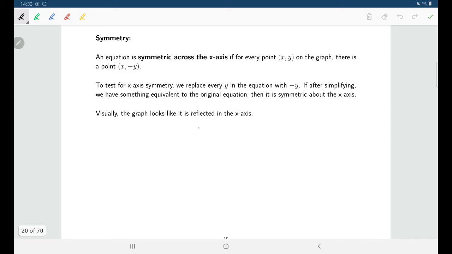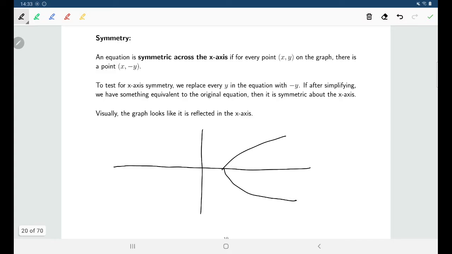To start with, if we're thinking about being symmetric around the x-axis, so maybe something like this shape, then any point that you might have on the graph, you're going to have its mirror image reflected across the x-axis.